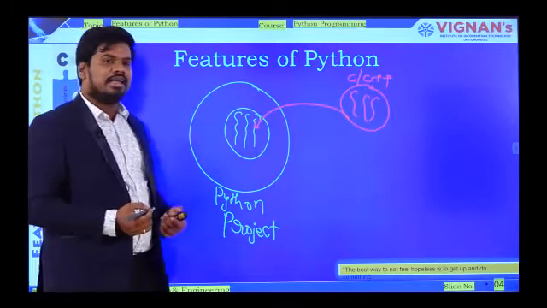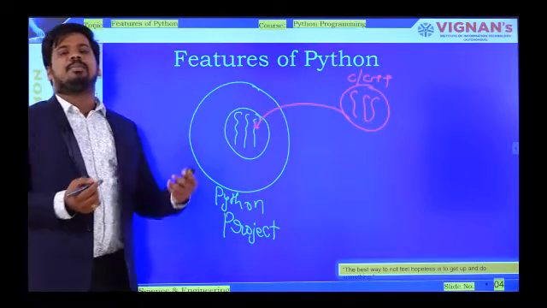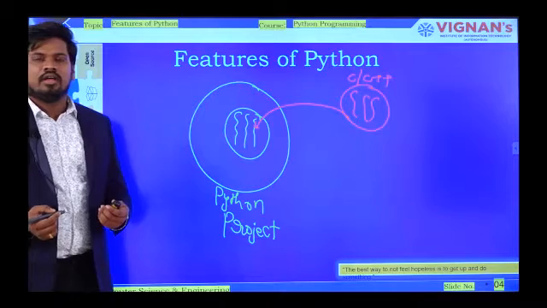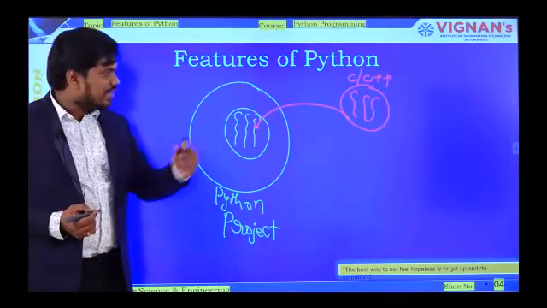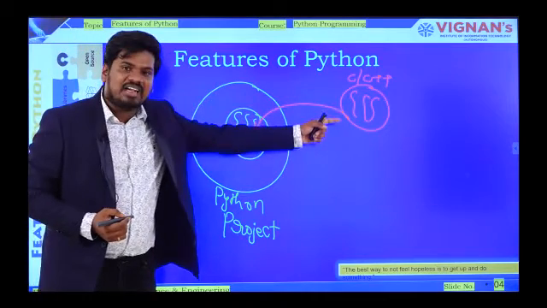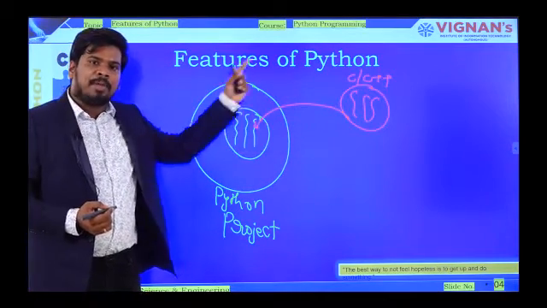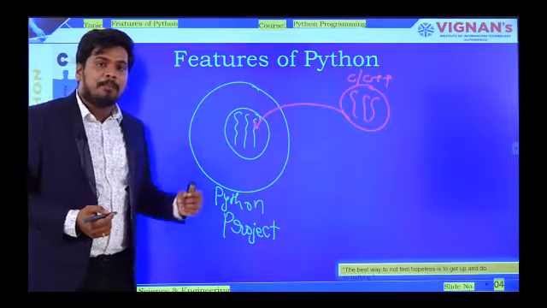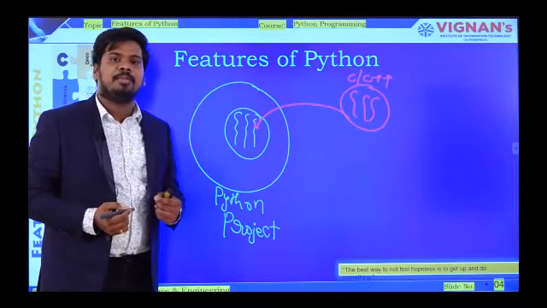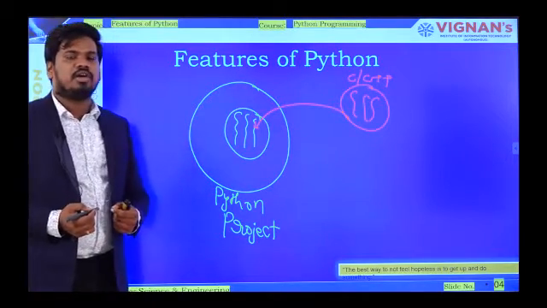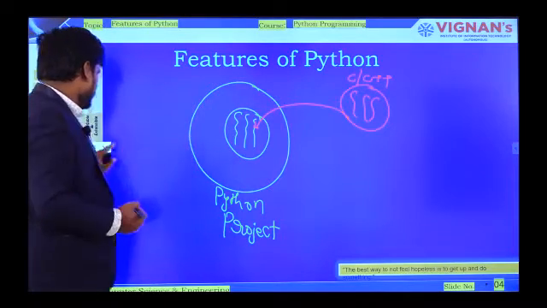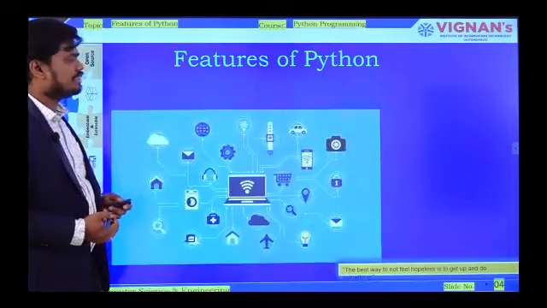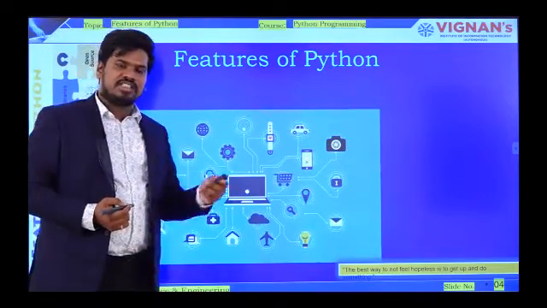This is known as embedded and extensible. I can extend my code to another platform as well. But remember, whenever I bring a part of a program into my Python program, platform independence may be lost. That is why Python is called embedded and extensible.